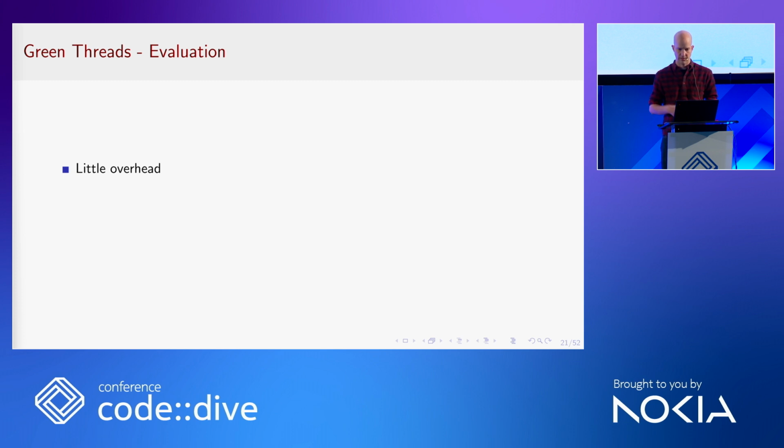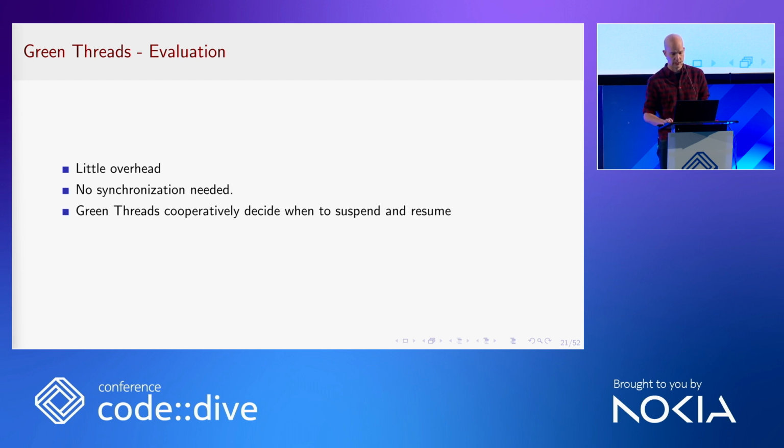This looks somewhat similar to what we've seen with the threads before, but green threads, because they don't involve a context switch that requires help from the operating system, can be executed with much less overhead. There's no synchronization needed since we don't have anything actually running in parallel. Everything runs sequentially.